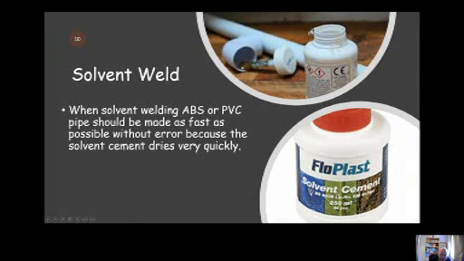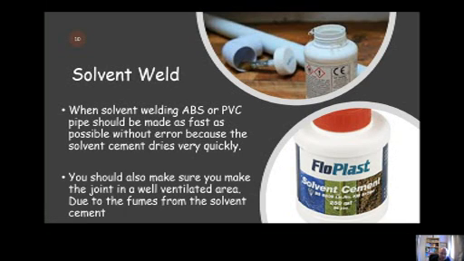So yeah, make the joint in as quickly as possible before the solvent cement dries out, and also make sure that you do it in a well ventilated area, because the fumes from the solvent cement can give you a headache.